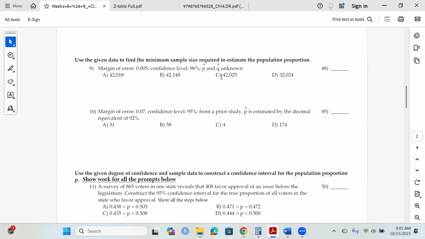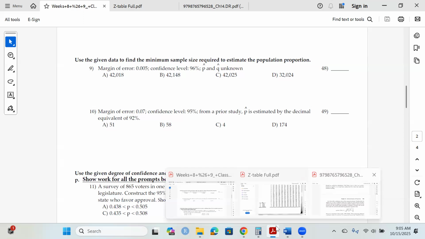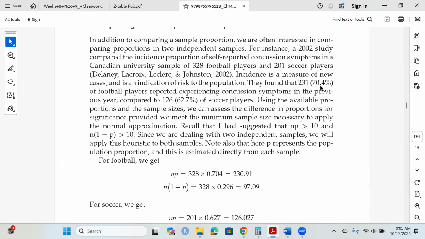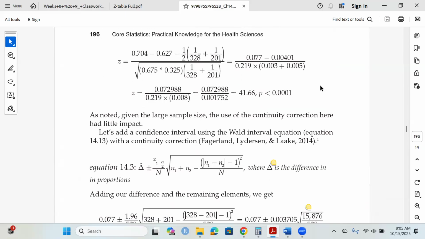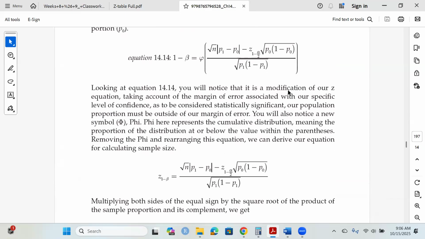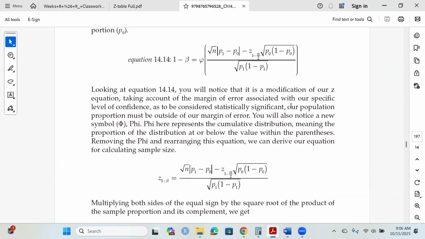I did these calculations and I did not get 42,000. So what I used was, in my book, I talk about calculating sample size. Here I derive the equation for calculating sample sizes, starting with the power, right? 1 minus beta.